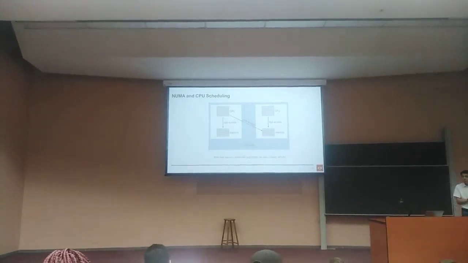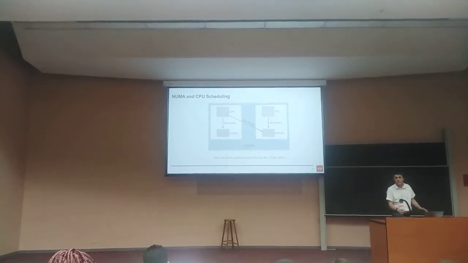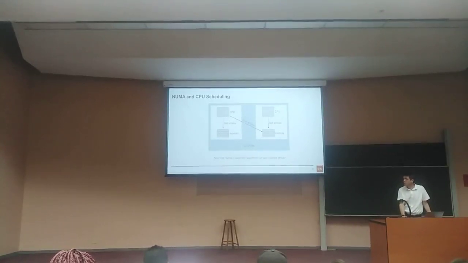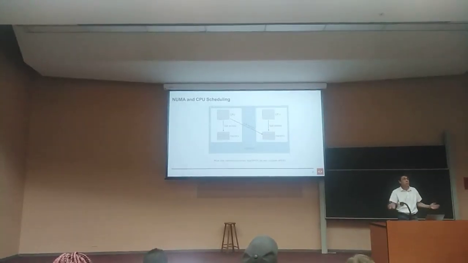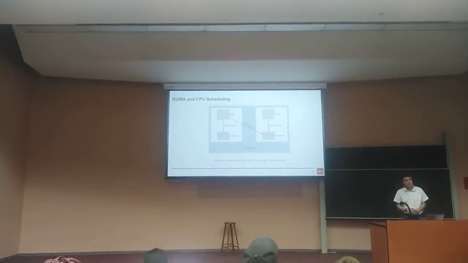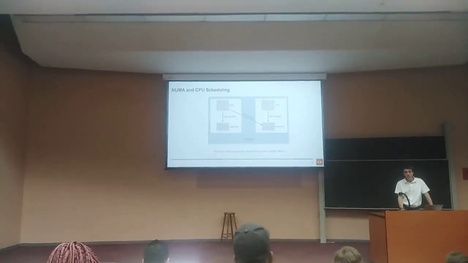NUMA stands for non-uniform memory access. And NUMA basically means the following, that you get multiple processors in the system. So here we've got a processor, here we've got another processor, or a core, or whatever, and you have different memory sets, physical memory in the computer. Some of this memory is closer to other CPUs than in other areas.